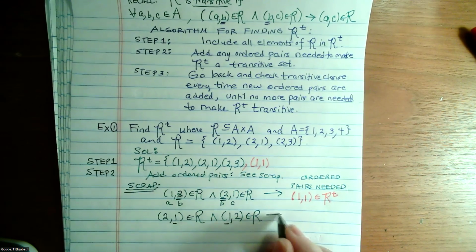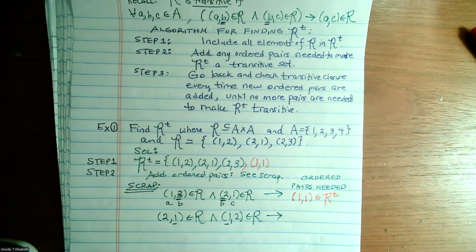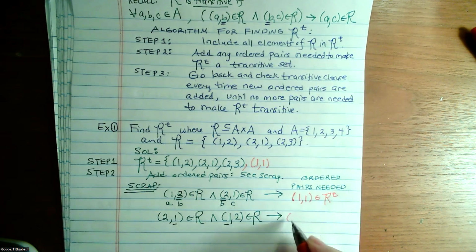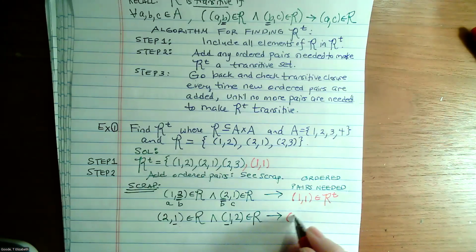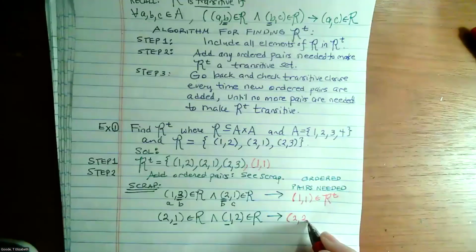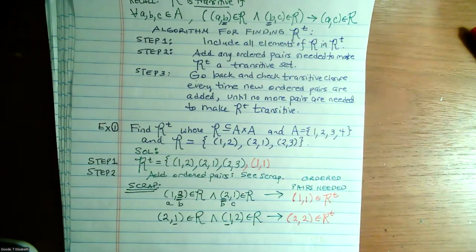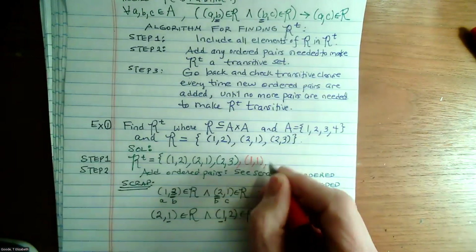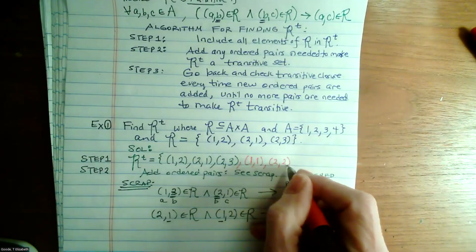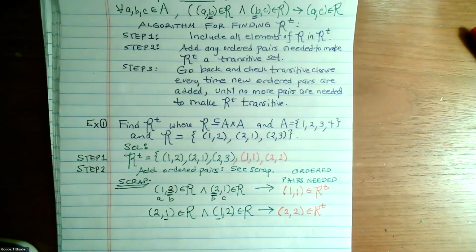What ordered pair do we need to add to RT? (2,2). Sure. The A and the C are 2 and 2. So we need (2,2). So let's go up here and add (2,2). We're just going to keep on going until we add everything that we need.